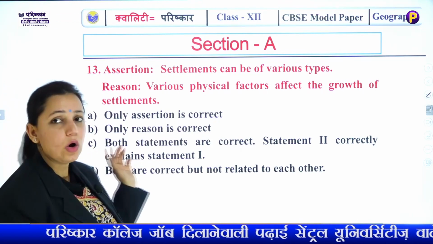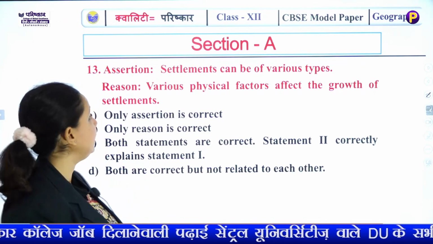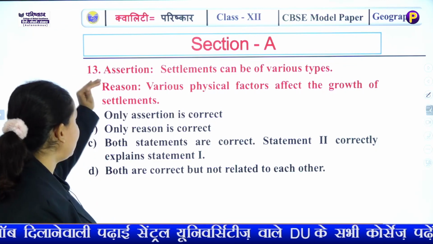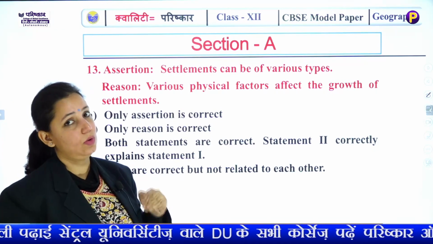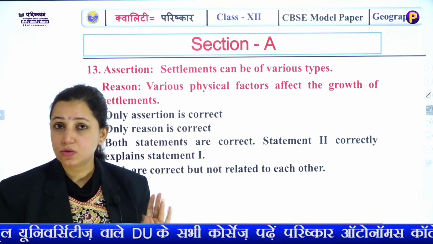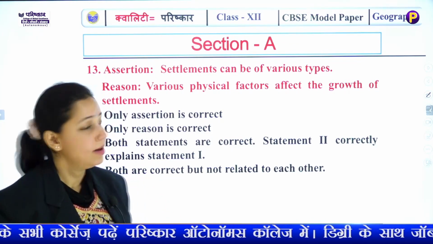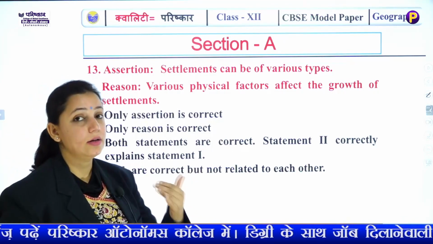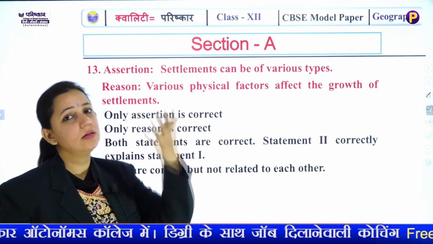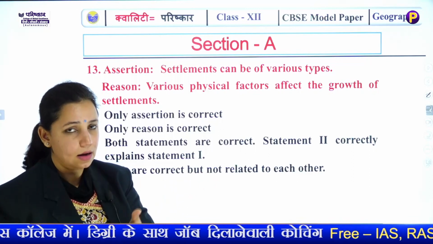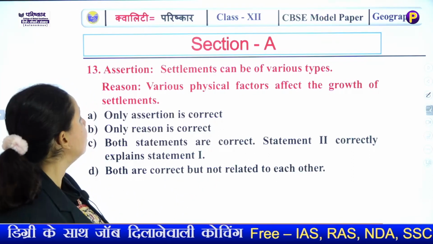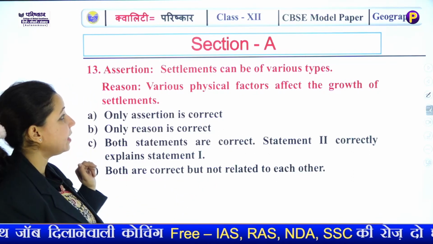Now, moving on to our next question, 13. Assertion and reason. This type of question will also be there in your MCQ-based questions. Assertion is a statement with strong affirmation, and reason is the reason because of which this statement is stated. Now, the assertion is that settlement can be of various types.